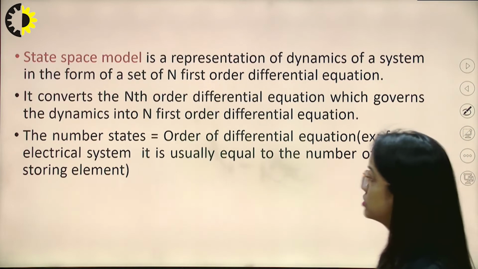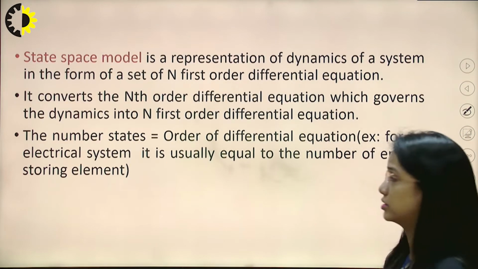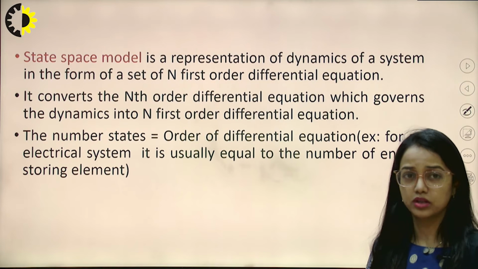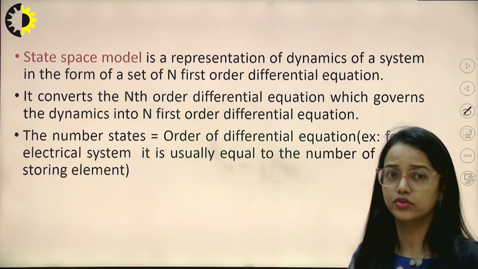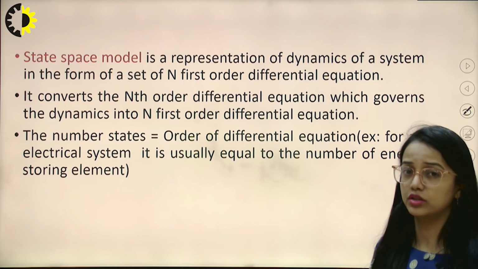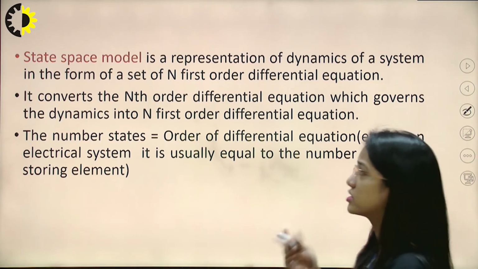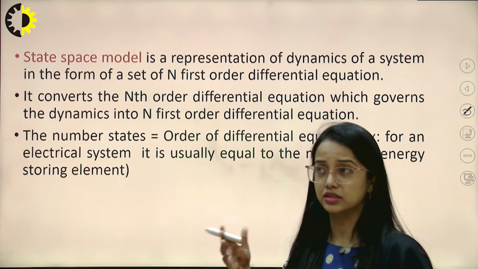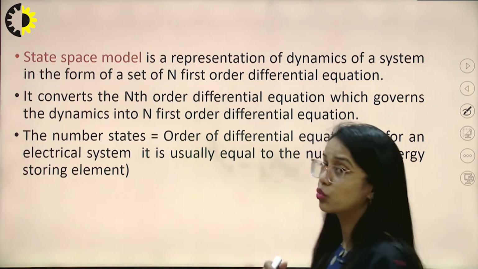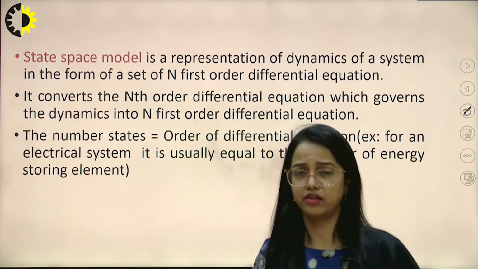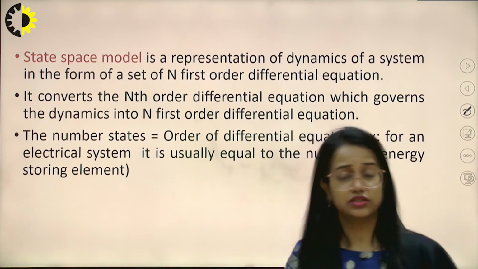Coming on to the representation. A state space model is a representation of the dynamics of a system in the form of a set of n first order differential equations. We will understand this statement more when we solve some examples. So instead of having just one differential equation, we might have n differential equations.